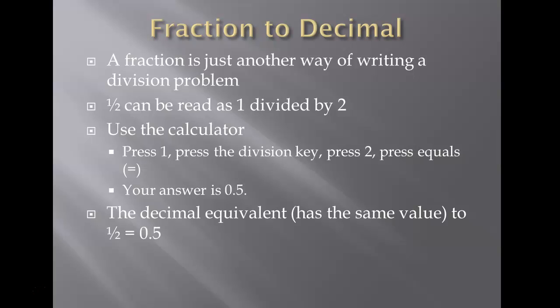So anytime you need to convert a fraction to a decimal, it's just the top number, hit the divide key, bottom number, equal sign. It will come up with a decimal, and that is the decimal equivalent, or the decimal value, of that fraction. It's relatively simple to convert a fraction to a decimal by using your calculator.